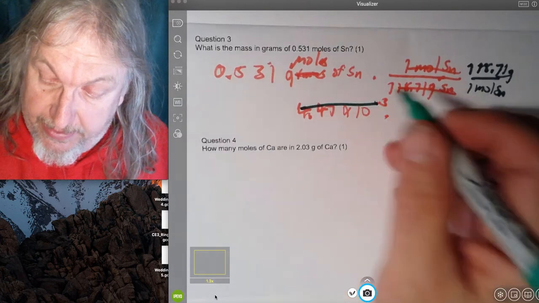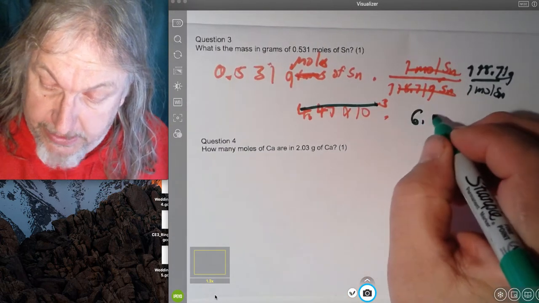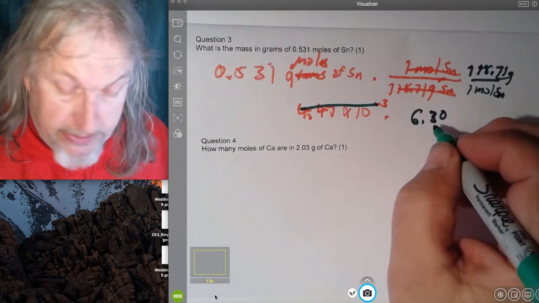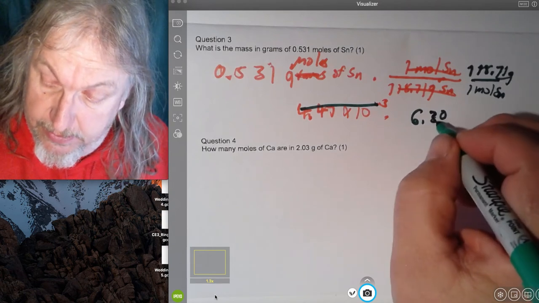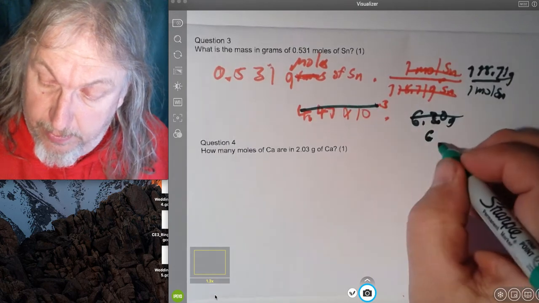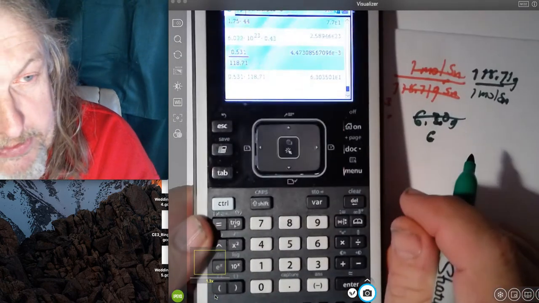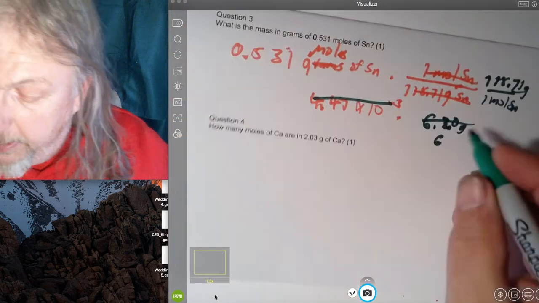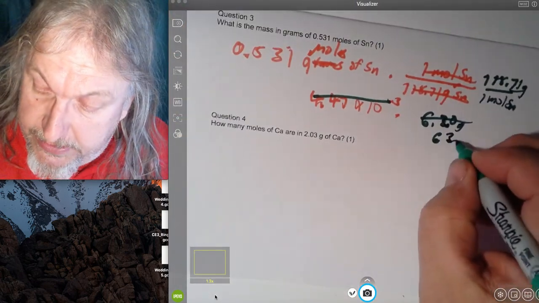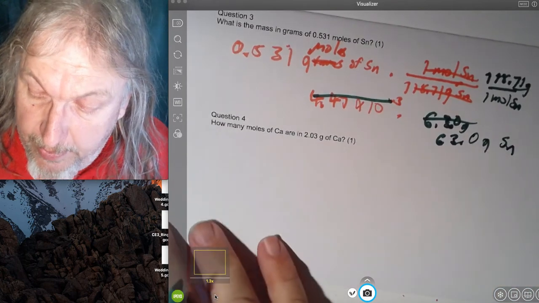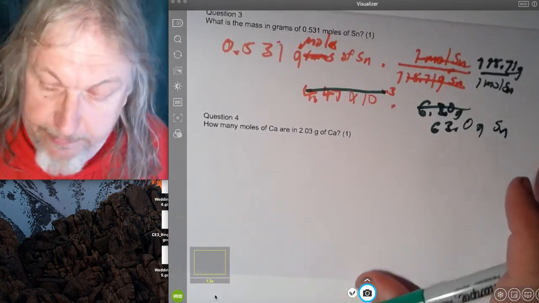So that's not the answer. 6.30 grams. Excuse me, 63 grams. 63.0 grams. Because my calculator said 6.30, and then I say, oh, it's got E to the first, so I've got to move over to the right. So I'm just going to do that. 63.0 grams of Sn. Let's hope we don't make that mistake again.